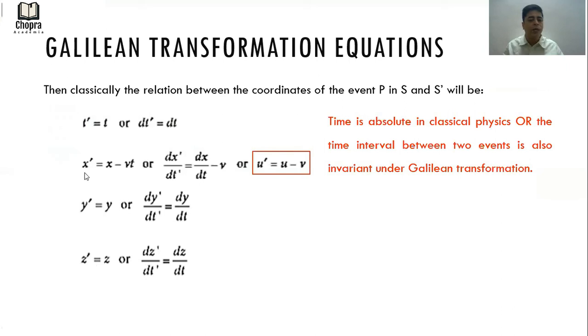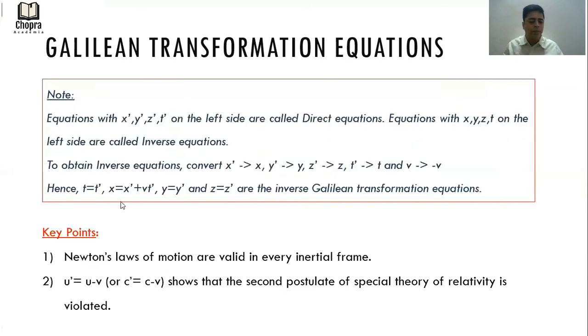So t becomes t dash, x becomes x dash plus vt dash, because v has been changed to minus v, y equal to y dash, z equal to z dash. These are your inverse Galilean transformation equations. So even if you have derived the direct equations, you can get back to the inverse equations if needed using this concept.